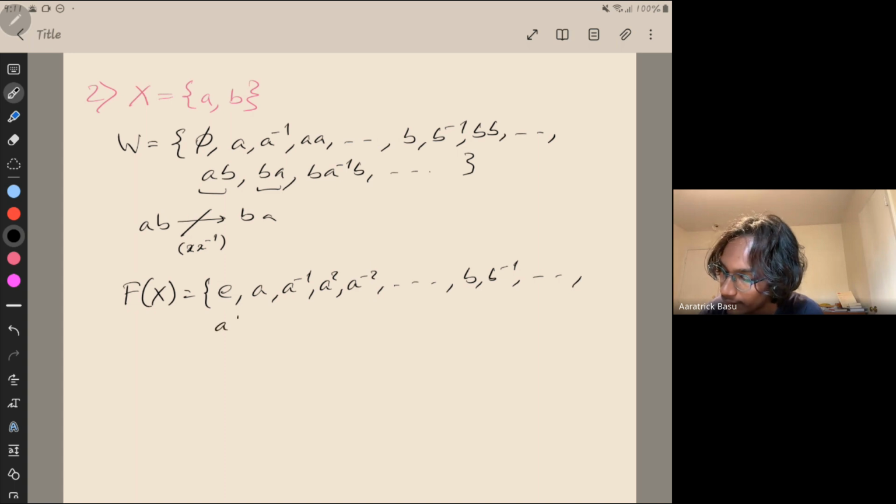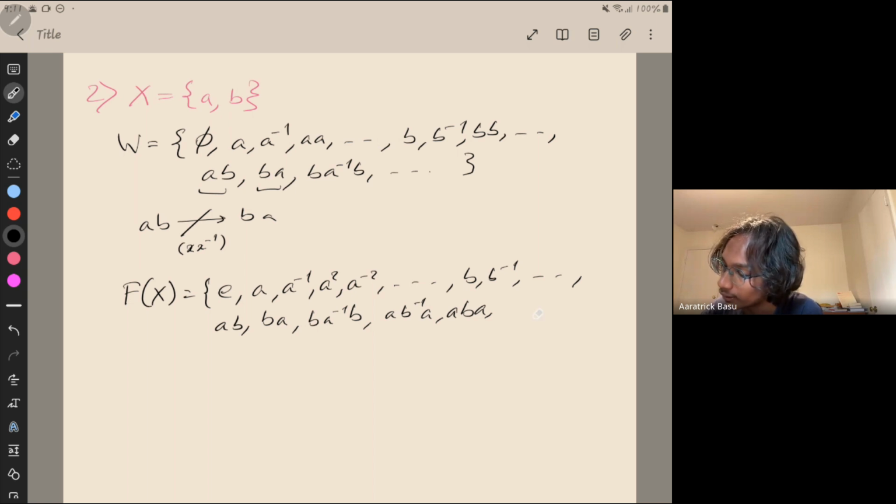You have an element AB. Okay, maybe I should also mention this: I'm abusing notation a little bit. I'm denoting the equivalence class of AB by AB again. You again have an equivalence class corresponding to BA, and these two equivalence classes are distinct. They're not the same. You have an equivalence class corresponding to BA inverse B, AB inverse A, ABA, and everything like that, right?